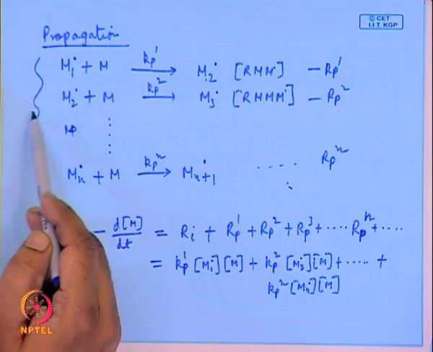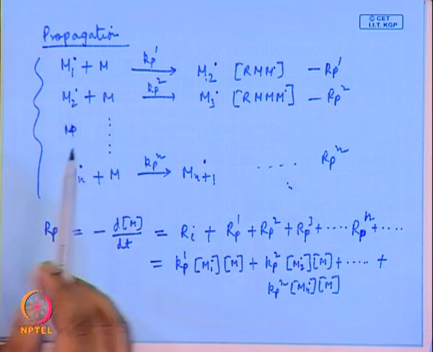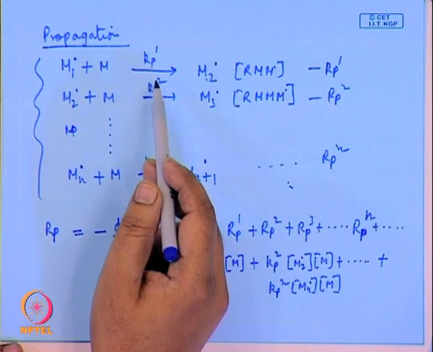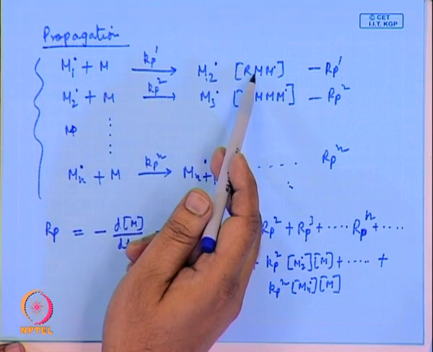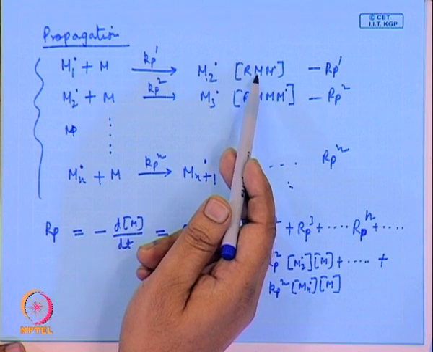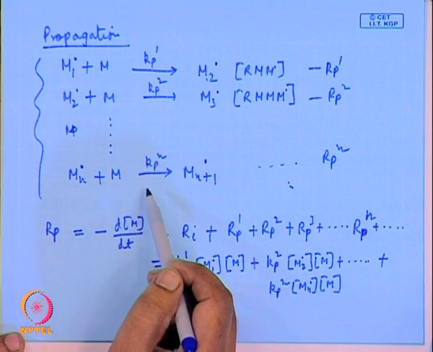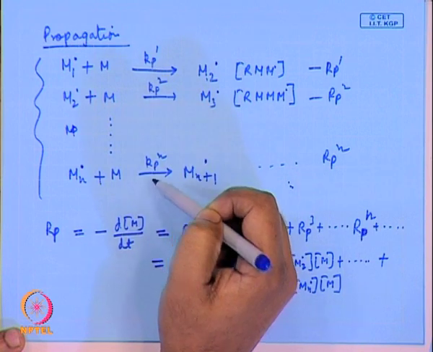Similarly, in this case we are assuming that the reactivity of this radical does not depend on the size of the molecule, whether it is M1, M2 or other. It has been experimentally proved that the rate constants all become the same as soon as the chain contains 2 to 3 monomers. So, that is the assumption we are making, that all these rate constants are equal.